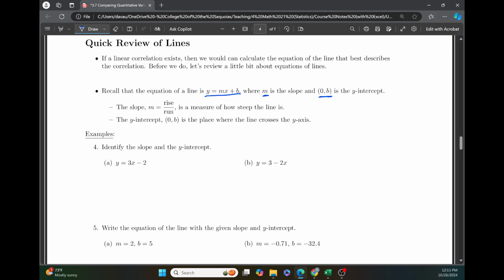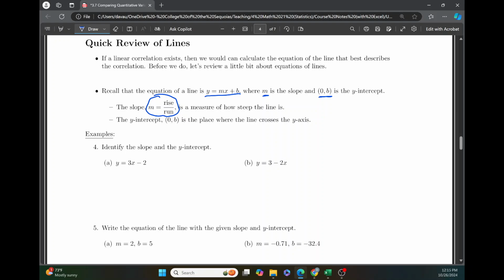The slope of a line, m, is the rise divided by the run, okay? And it's a measure of how steep the line is. It tells you how much y increases for every increase in x, okay? How much vertical increase there is for every horizontal increase. The y-intercept, b, is the place where the line crosses the y-axis.